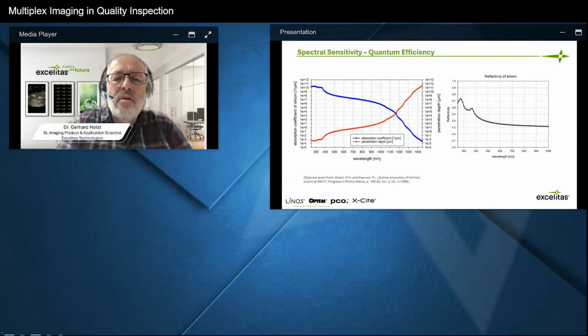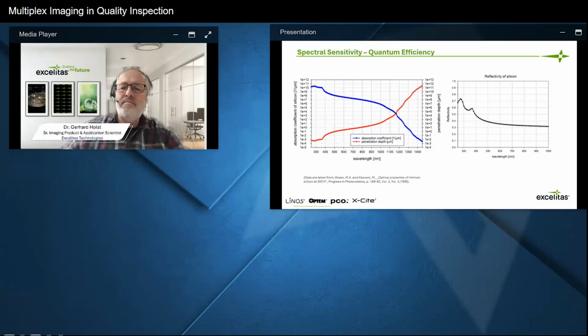Again, the blue curve shows the absorption coefficient from 300 to 1400 nanometers, while the penetration depth is the red curve, which is increasing towards 1400 nanometers. In addition to that, the reflectivity of silicon is shown. So these are the influences that designers of image detectors or image sensors have to optimize and balance out depending on the application.